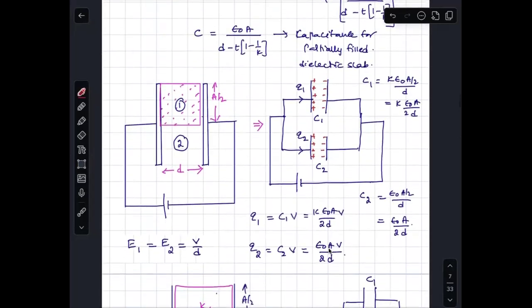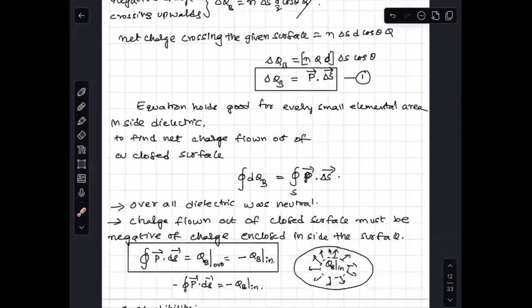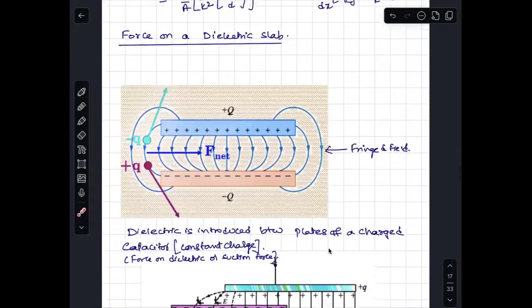In these two parallel plates, since the potential drop across the plates is the same, whether you choose a point here or here, the potential difference is the same and the intensity of electric field is the same. What makes the difference is that the accumulation of charge here and here is different. That's the reason I have shown you Q1 and Q2. Same logic you require there.